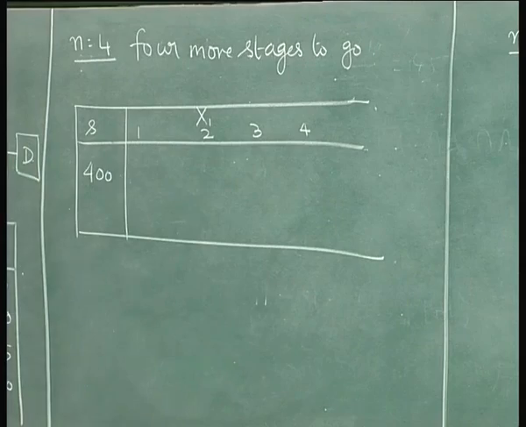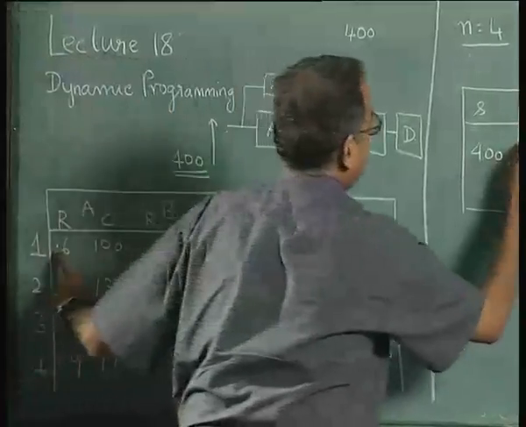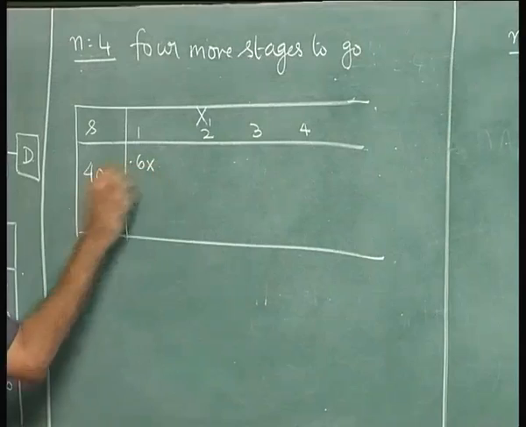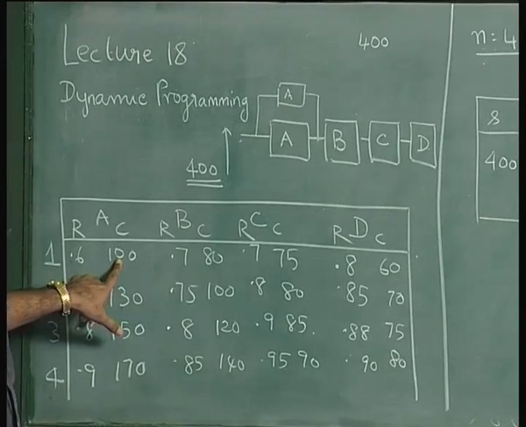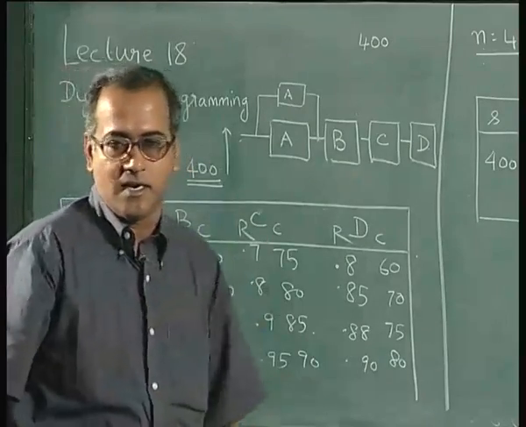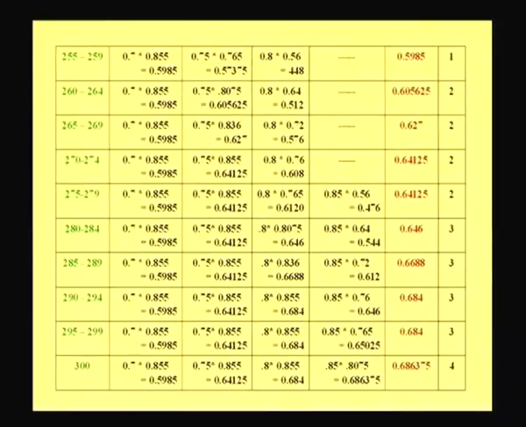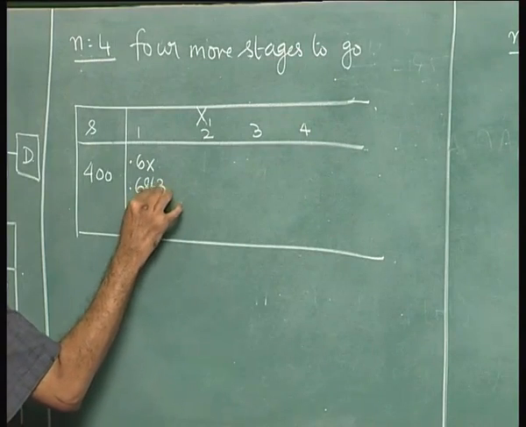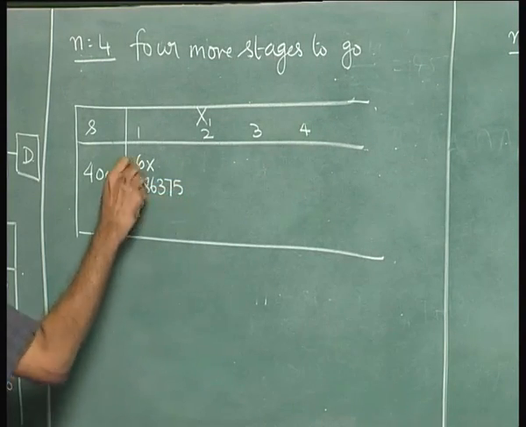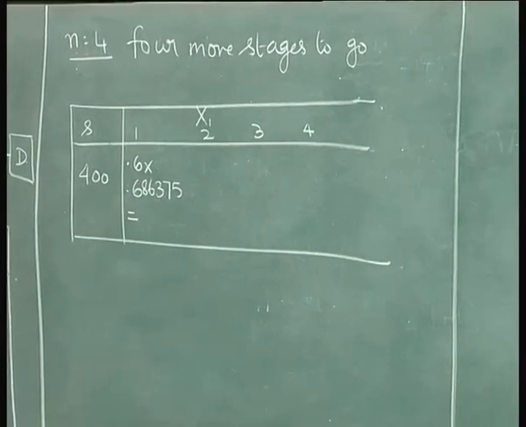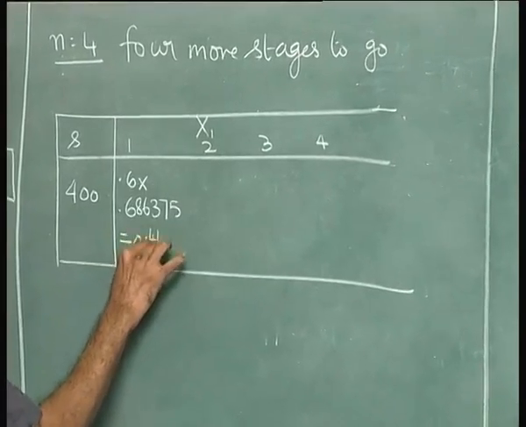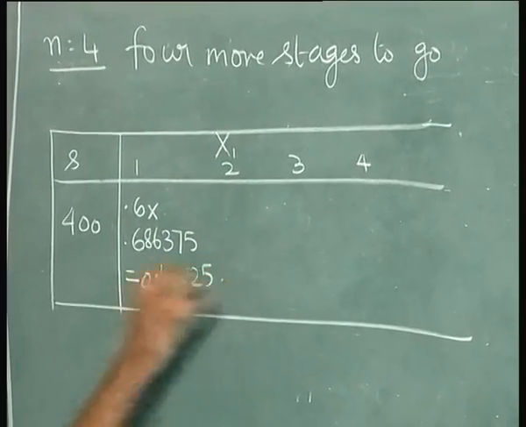So we evaluate when x1 equal to 1, you have a reliability of 0.6 that comes out of it. You spend 100, so there is a balance of 300 that is available. So we go to the previous stage n equal to 3 and find out that for 300 the best value is 0.686375. So this multiplication would give us a value 0.411825.